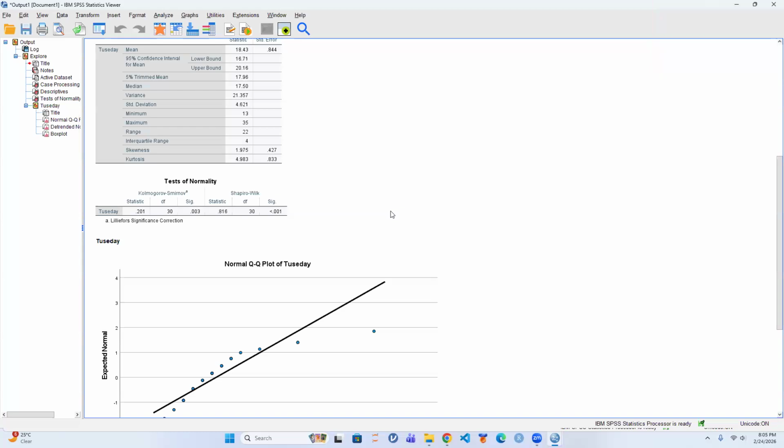बट सर, शापिरो-विल्क में सर ने कल बताया था कि p वैल्यू 0.05 से ज्यादा होगा तो नॉर्मल होगा। हाँ, 0.05 से अगर ज्यादा होगा तो नॉर्मल हो जाएगा, उससे कम होगा तो नॉन नॉर्मल होगा। Actually 5% is considered to be the critical value.